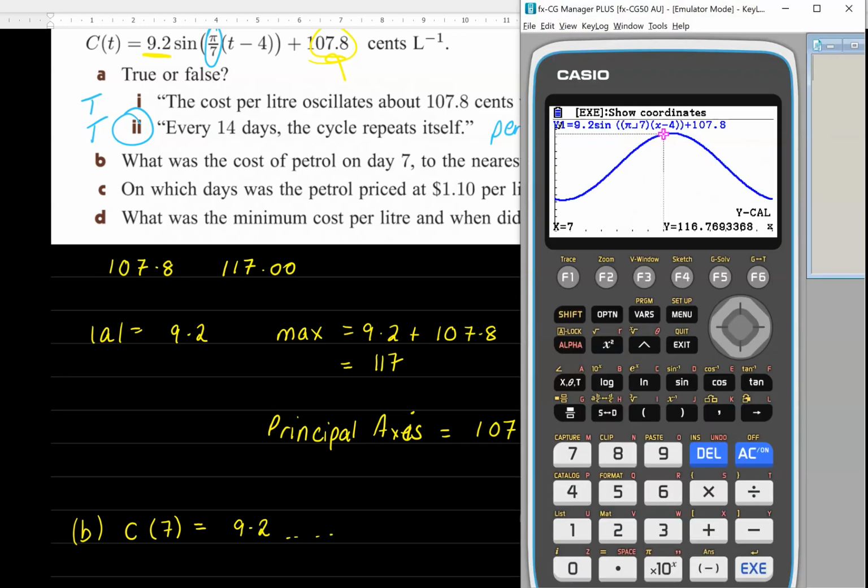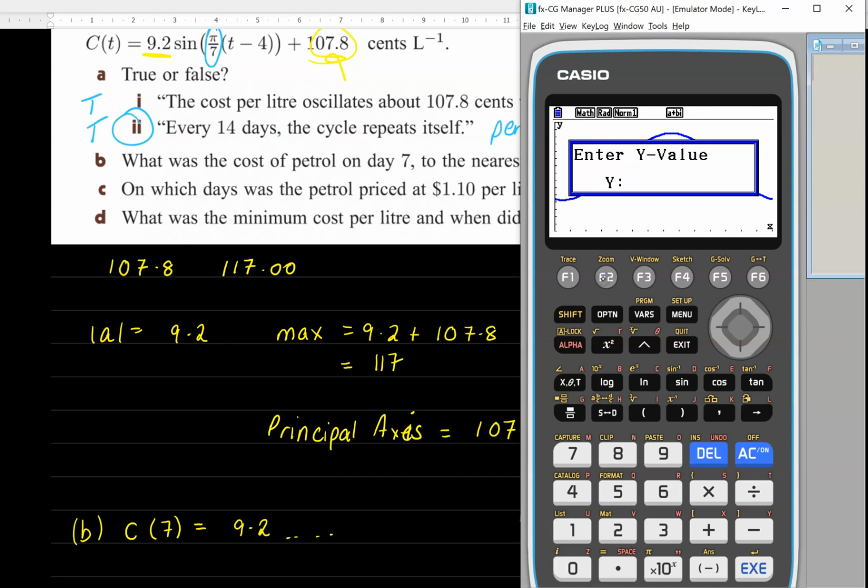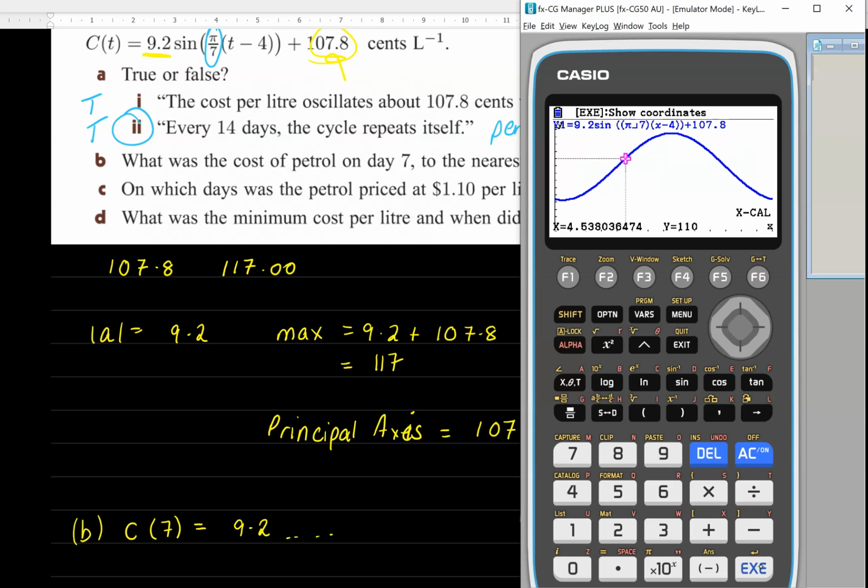Okay, on which days was the petrol priced at $1.10 per litre? So we're now finding the days. So again, we've got 2 options. We can go G-Solve, and instead of Y-Calc, we're trying to find the X value, and we know what the Y is. So trying to be tricky and putting it as $1.10, but we would have to enter it as 110. Okay, and we've got that.